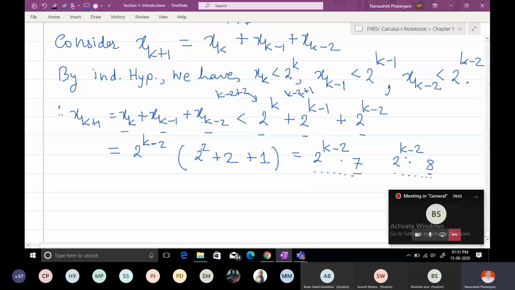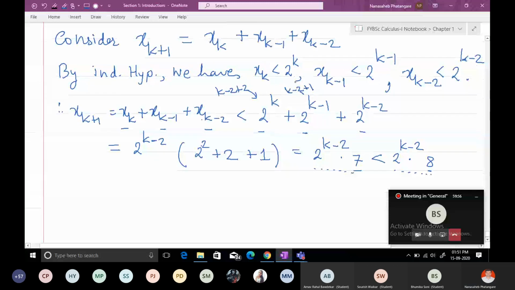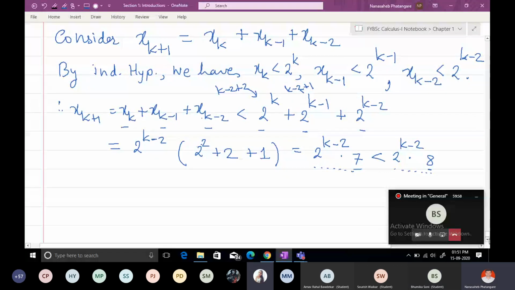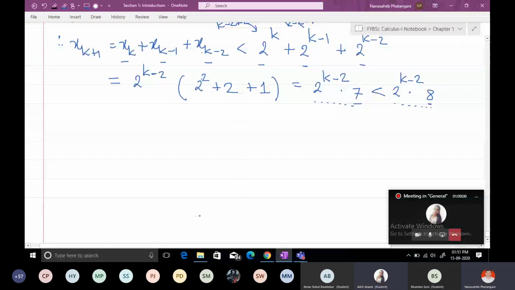2 raised to k minus 2 is as it is, so certainly this quantity is bigger. Am I right? Yes, sir. Okay. This is the same as 2 raised to k minus 2, but 8 is now 2 raised to 3.